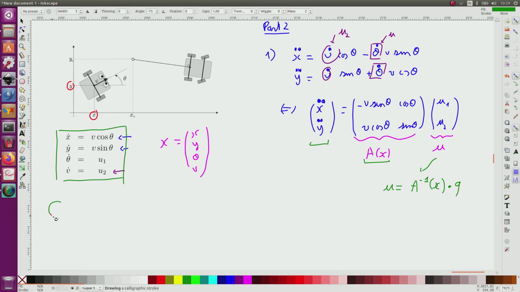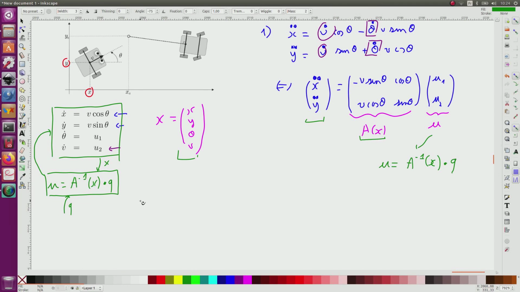And if I take u equal to A minus 1 of x times q, so it's some kind of controller. I have q as a new input. The state x comes from here, where x is given there. And if I apply this, this is my closed loop system.